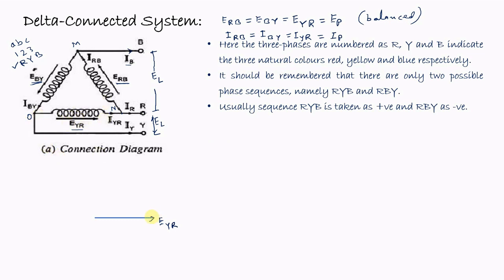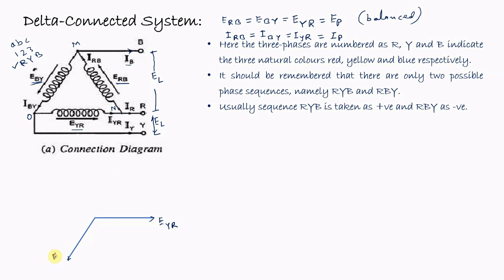It is taken as the reference value on the horizontal x-axis. The second voltage, the induced EMF in the second coil, that is EBY, will lag the first phase voltage by 120 degrees.